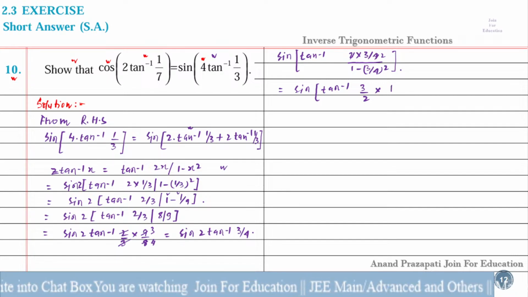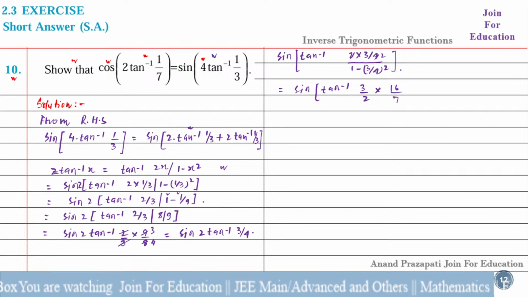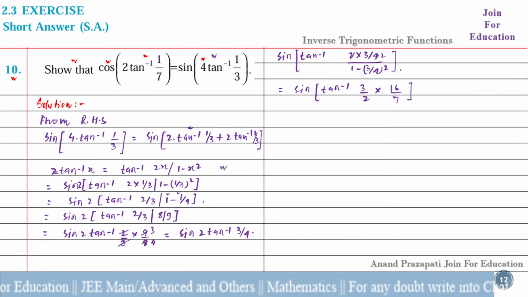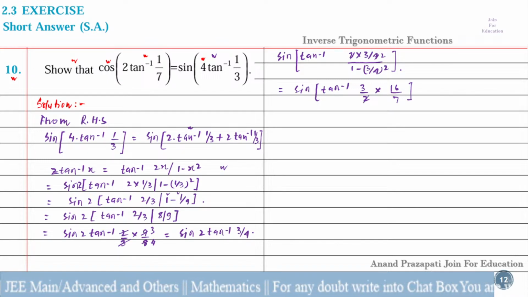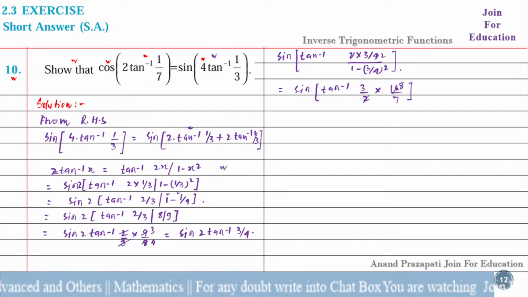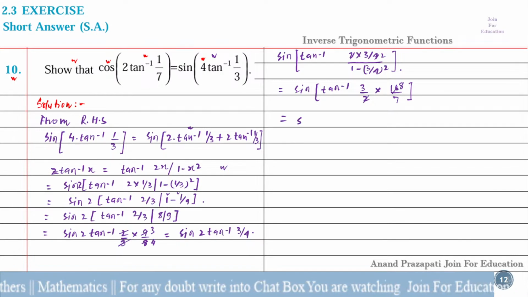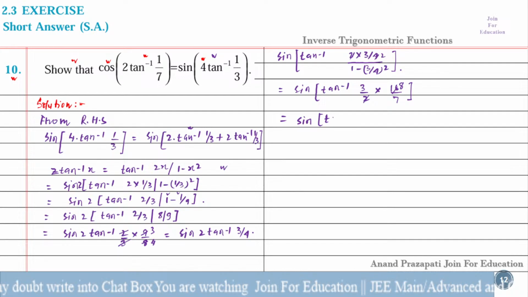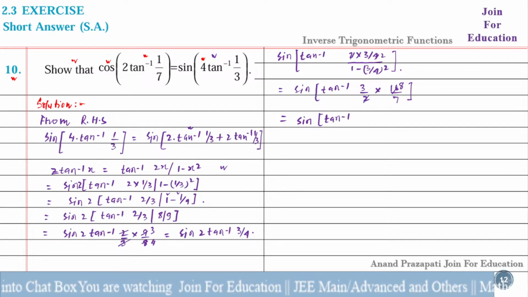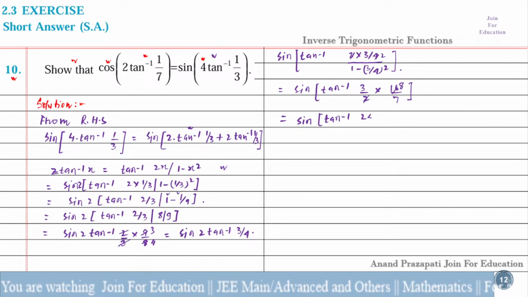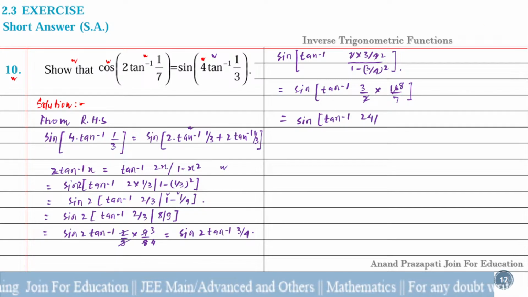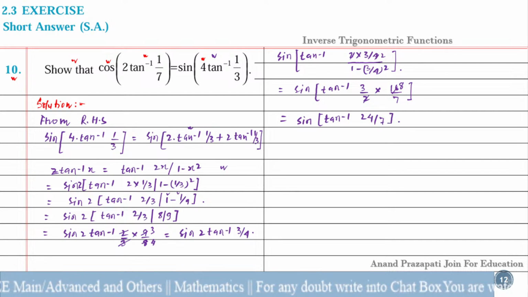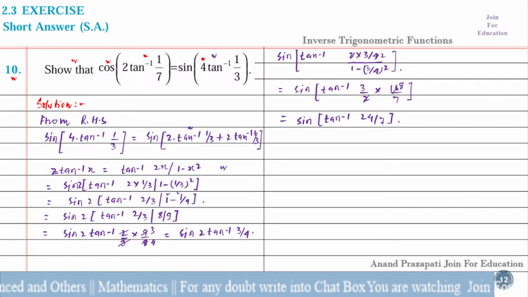Therefore we write down here 16 by 7. After there is no problem to understand up to this step. So we cancelled out this one, then we get here 8 and equal to sine tan inverse 24 by 7. After there is no problem to understand up to this step.